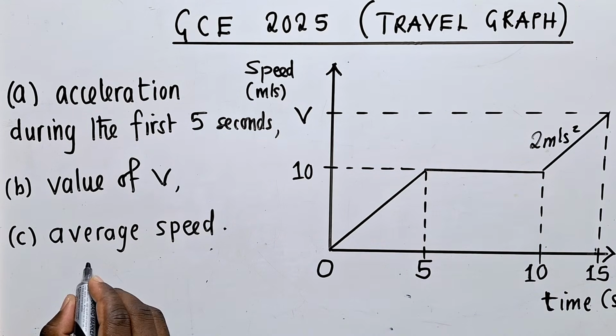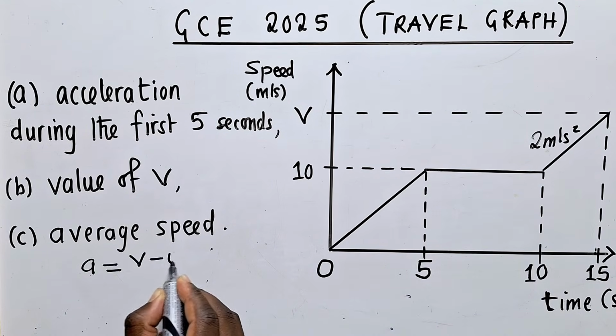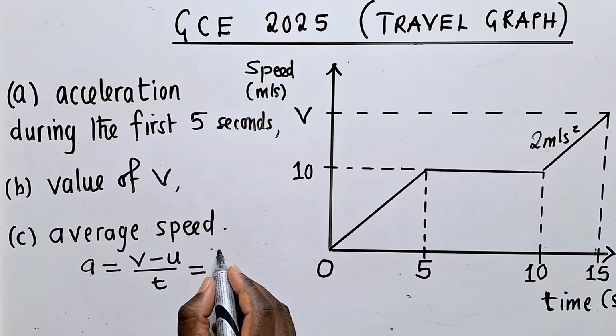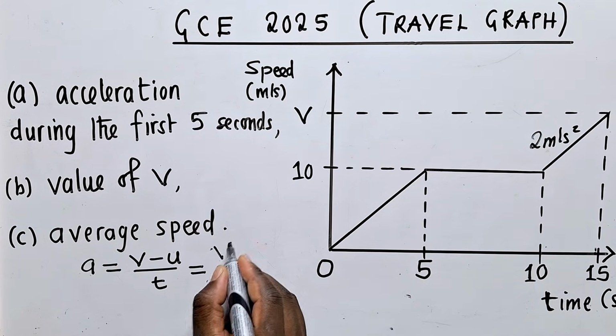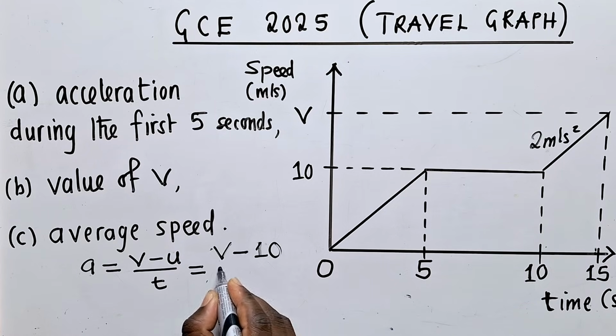The same formula: acceleration is equal to final velocity minus initial velocity over time. It will be v minus the initial velocity, which is 10, over the time, which is 5. So this is what we have.